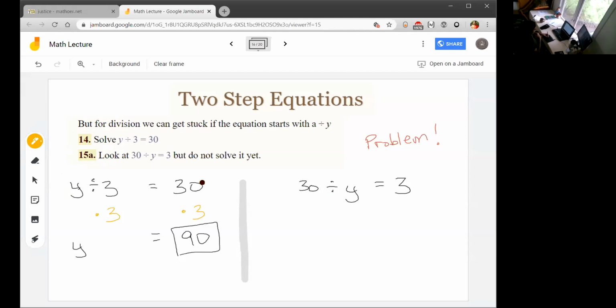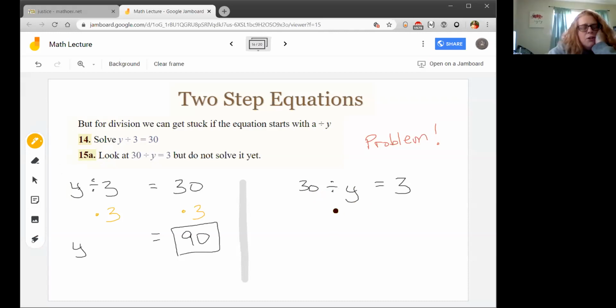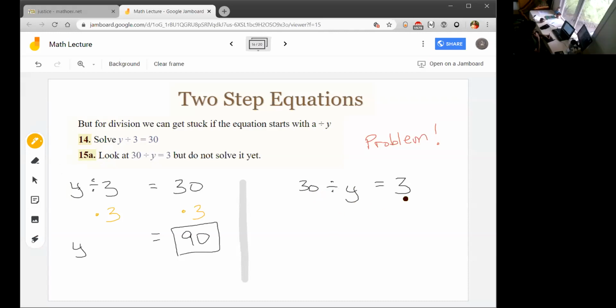So if I'm starting with 30 and I do a divided by y, how would I get back to my plain 30? You're going to divide both sides by 30. Or 3, I mean. Divide both sides by 3. I can try that. Let's see what happens.